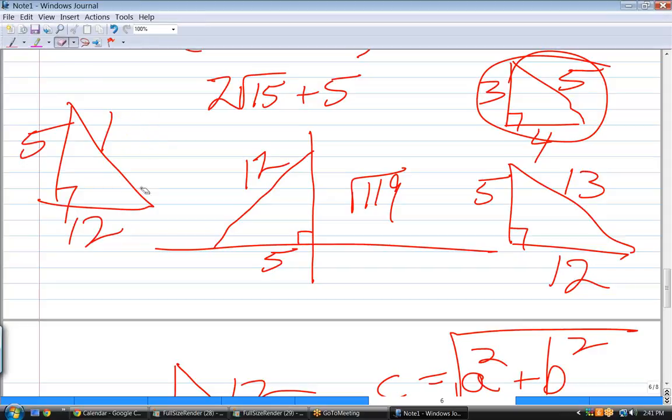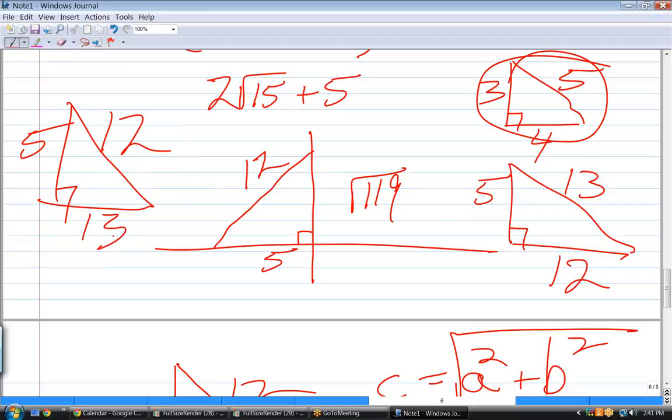Now, what they gave you was 5, 12. That's not 13 because the 13 has to be the hypotenuse. But it would be very easy to make that mistake. If you were familiar with the 5, 12, 13 triangle, you might look at this and say, well, this has to be 13.